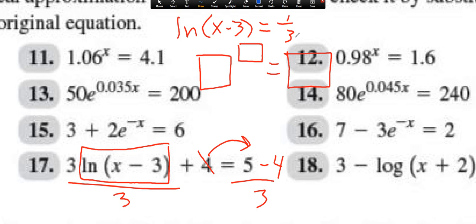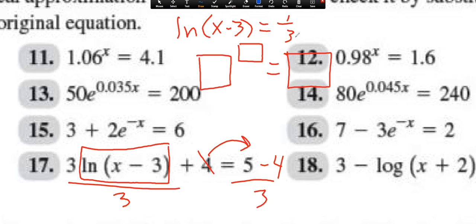What's the base? It's already a log, and I can't do anything with it. I need to get rid of this and get it into its other form. So, change it to its other form. What's the base? E. What's the exponent? 1/3. What's the argument that it equals? X minus 3.